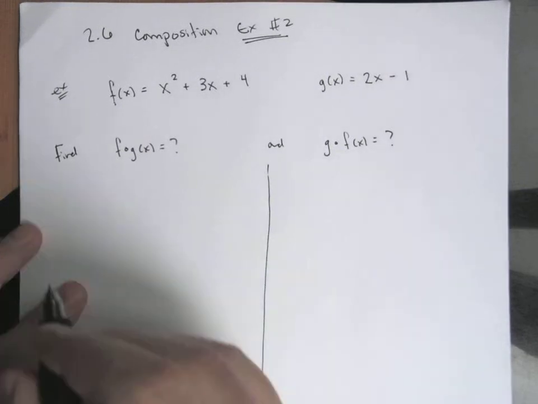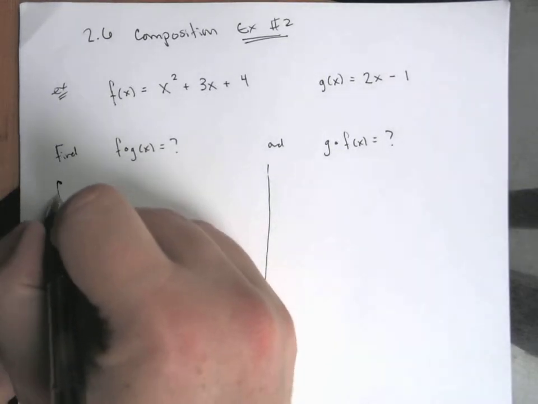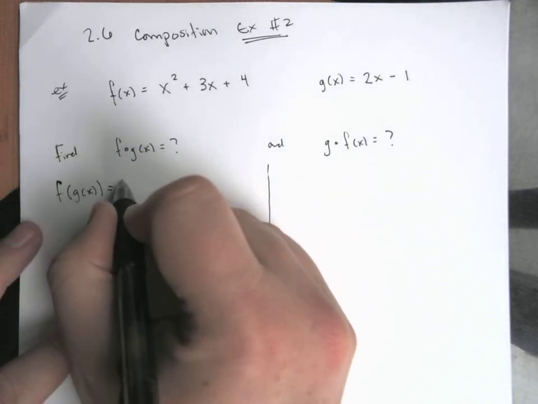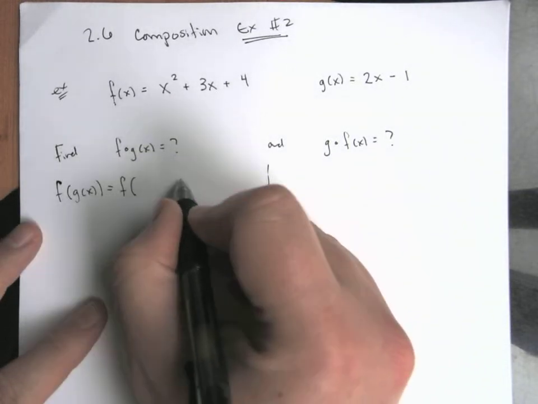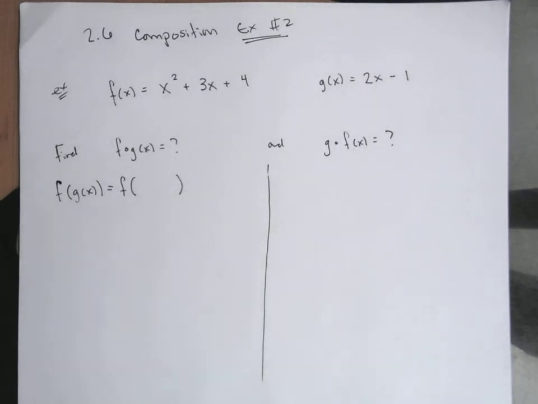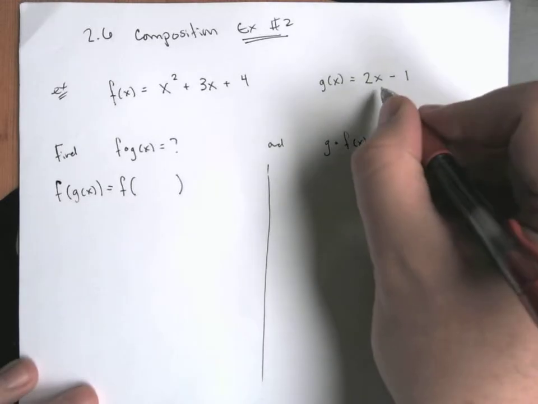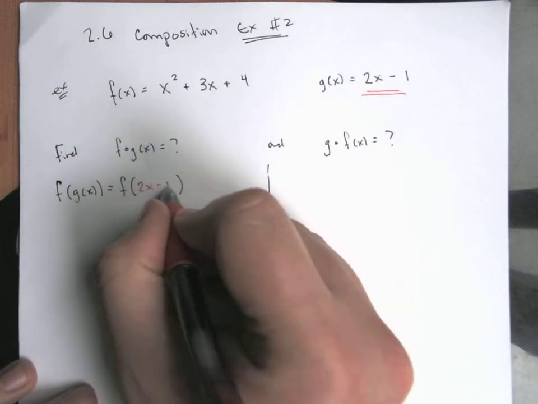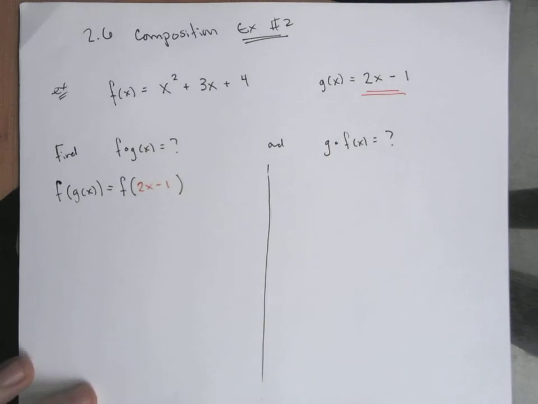Anyway, so f of g of x, just like we said, is f of g of x. So that's f, and then I'm going to put this g of x function as my input. So g of x is 2x minus 1, so 2x minus 1 goes into my parentheses.